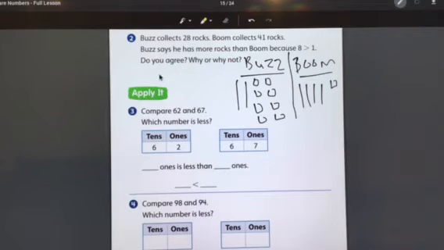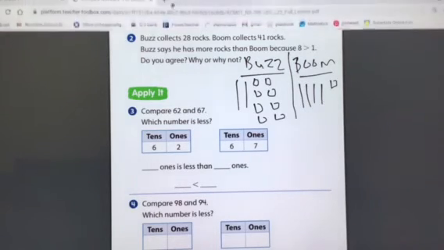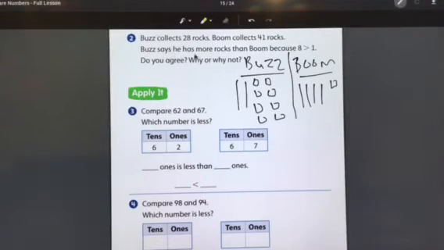When I look at these, I'm going to compare my tens first. Buzz has 2 and Boom has 4. This says Buzz says he has more rocks than Boom because 8 is greater than 1. Do you agree? Does Buzz have more rocks than Boom?